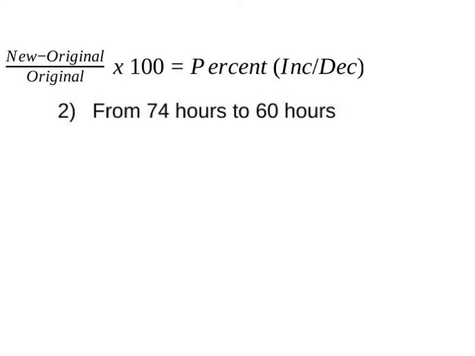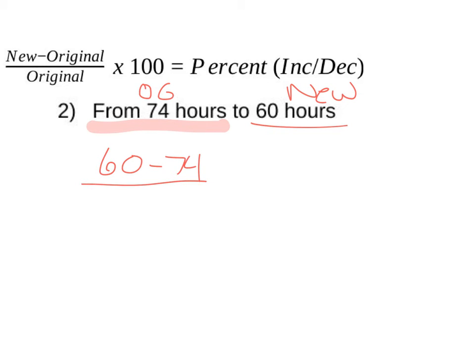In example 2, we're going from 74 hours to 60 hours. So that means the from 74, that is going to be our original value. The 60 will be the new value. And if we plug these into our equation, we take the new minus the original divided by the original. And we're always going to multiply that by 100 to get that back to a percent.